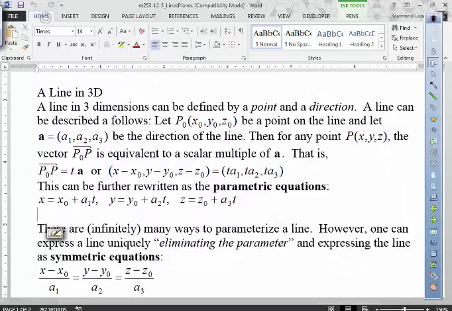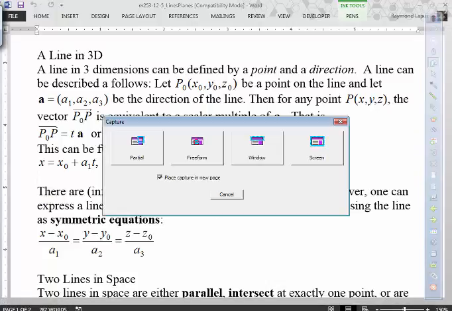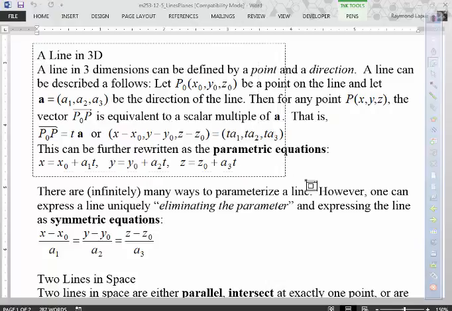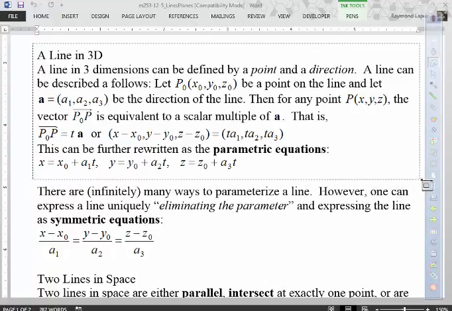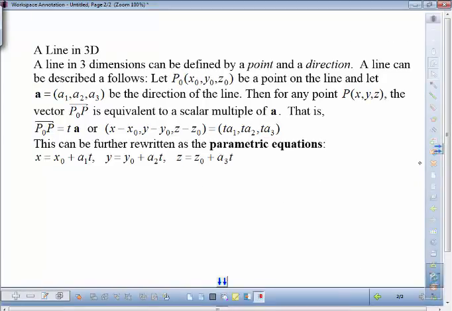So instead of looking at a slope, let's look at it from a parametric equation point of view. From the parametric equation point of view, we can go back and forth between parametric equations and vectors. We technically haven't studied vector functions yet.